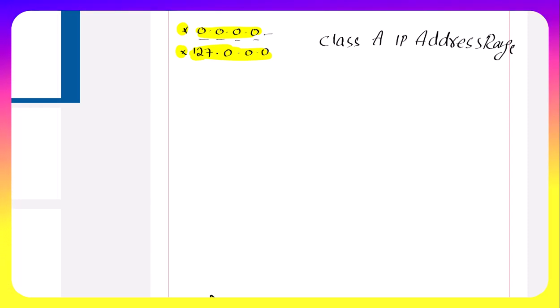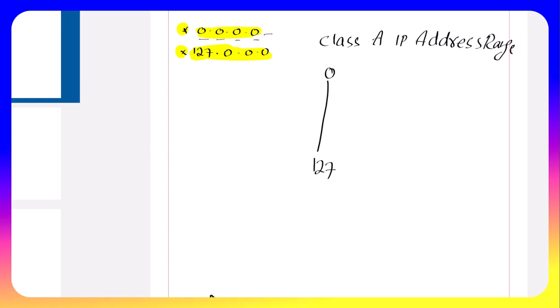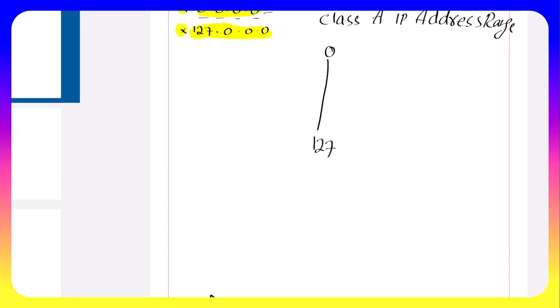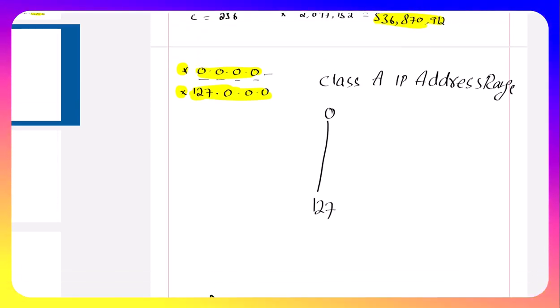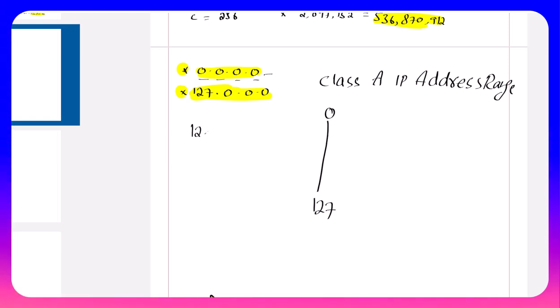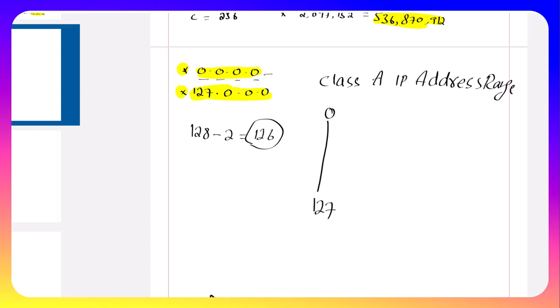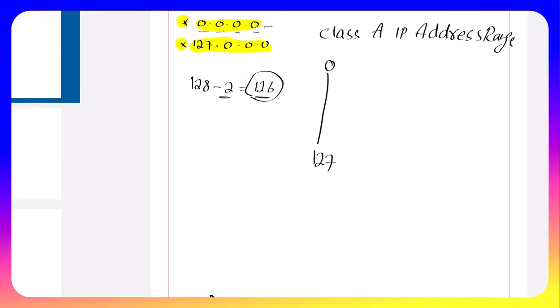This was the range from 0 to 127. I told you that the total number was 128 minus 2, which is equal to 126 networks. So this was the valid number of networks. What was this minus 2? The 0 and 127.